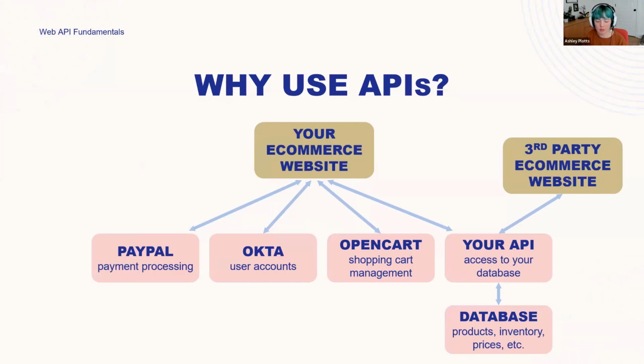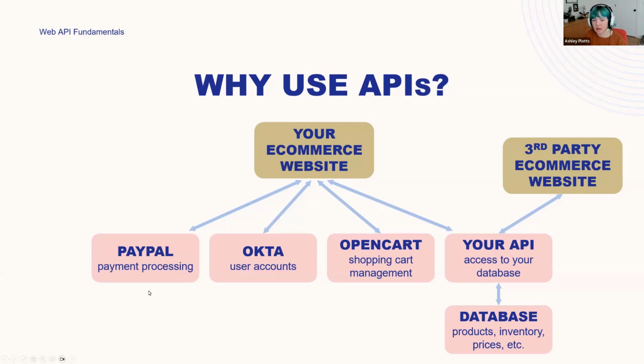So there are two types of APIs, public and private, and we'll get into both here right now. There are thousands and thousands of public APIs out there available for you to use. So for an example, if you wanted to build an e-commerce website, you have a product that you make and you want to sell it to everybody.